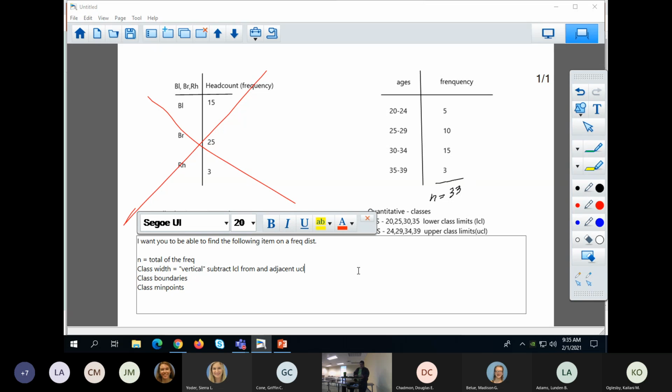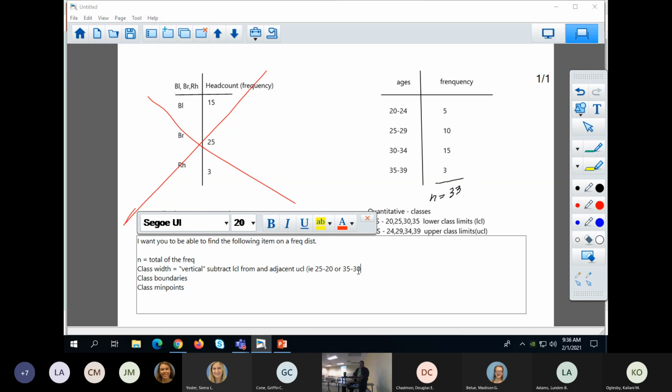Example, i.e., 25 minus 20. You could also do upper class limits.